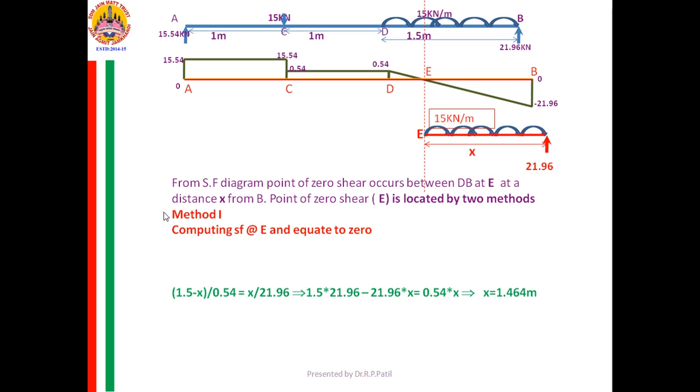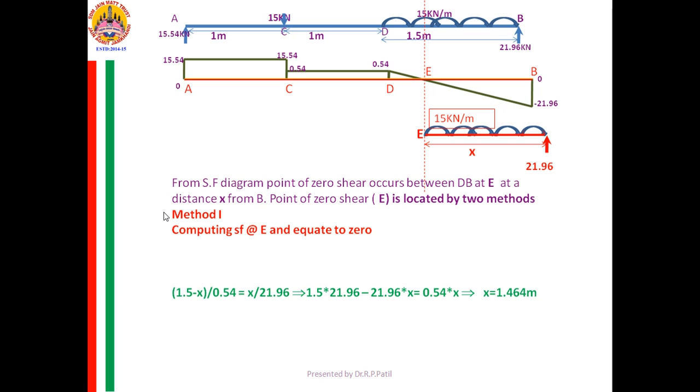So 21.96 is acting up on the right part. Right is going up, therefore it is positive or negative? Yes, it is negative. Right up means left down. SF I am doing.